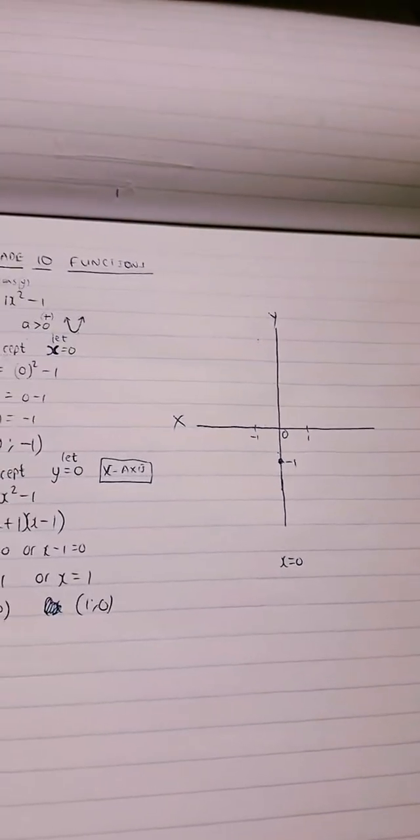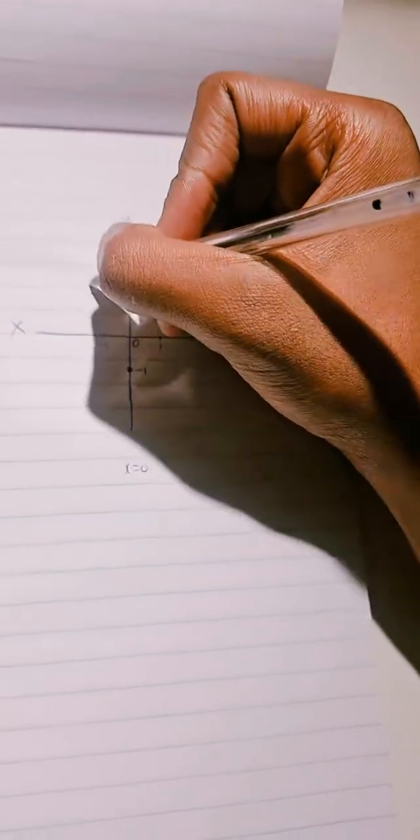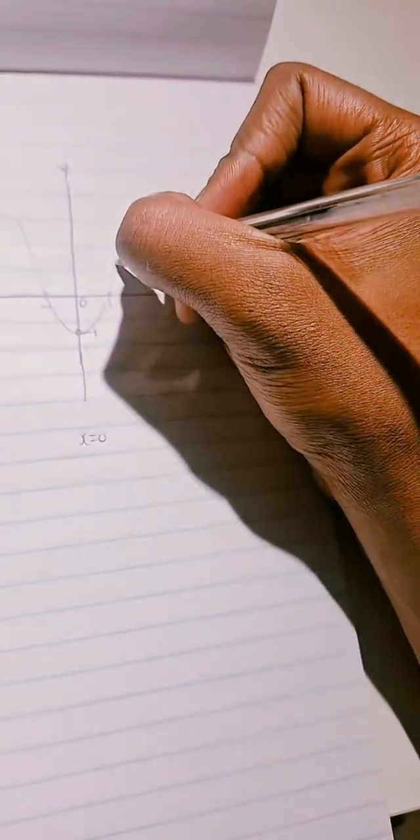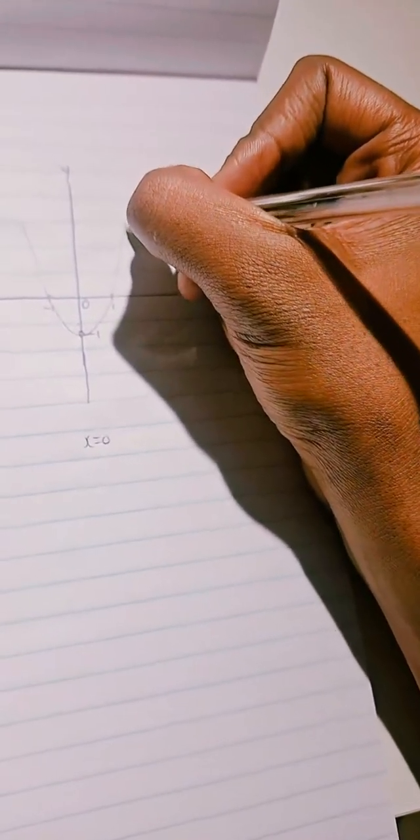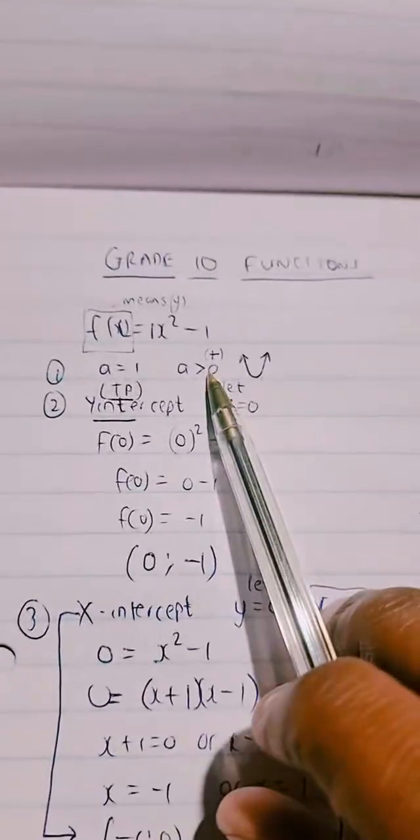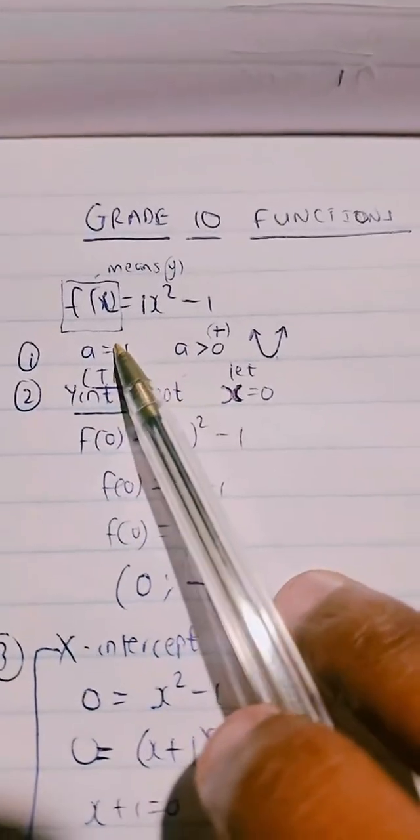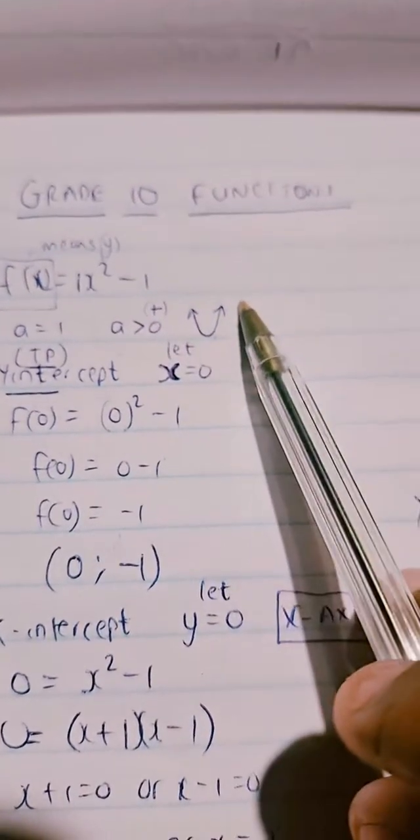Right? So now if you are going to sketch the function, you have a turning point here. Then here you have your x-intercept. So this function goes like that, turns there, goes like that. Remember, we predicted based on the a value that our function would be concave up.